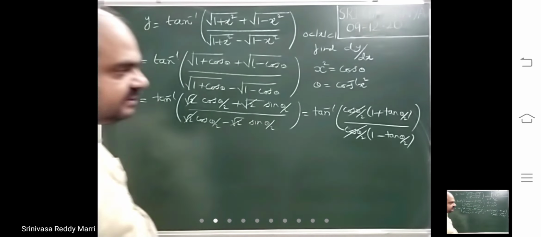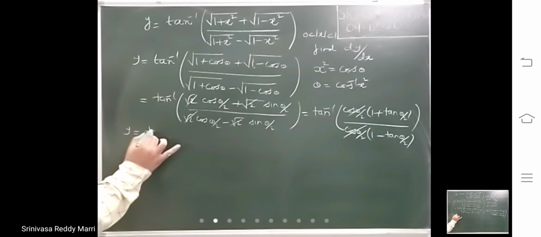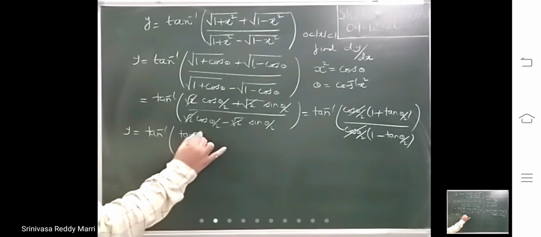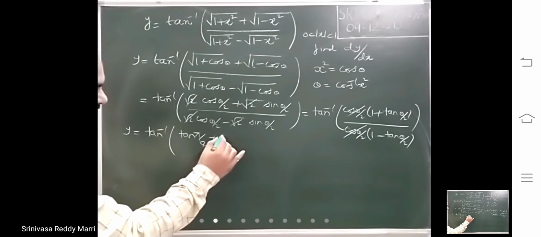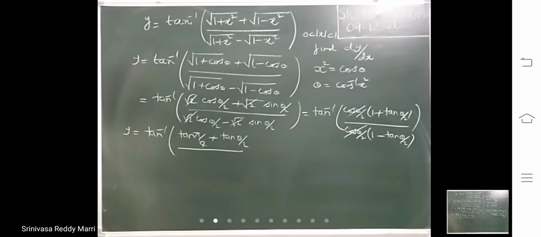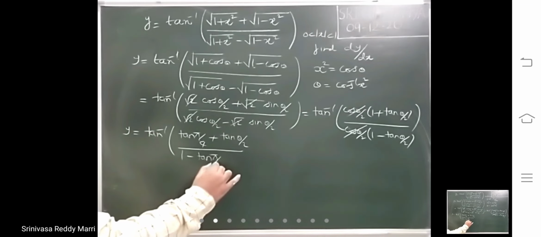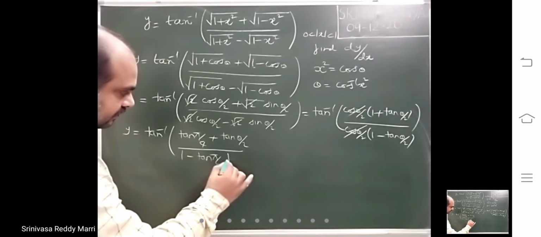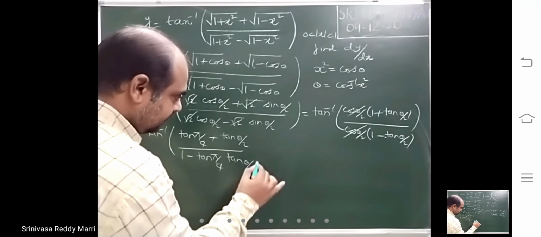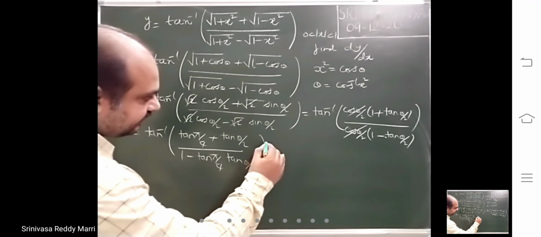So cos theta by 2 will get cancelled. Therefore y equals tan inverse of (tan pi by 4 plus tan theta by 2) divided by (1 minus tan pi by 4 into tan theta by 2). My aim is to write it in terms of tan of a plus b.